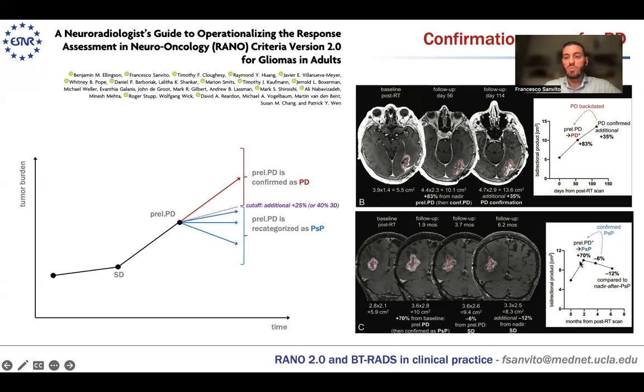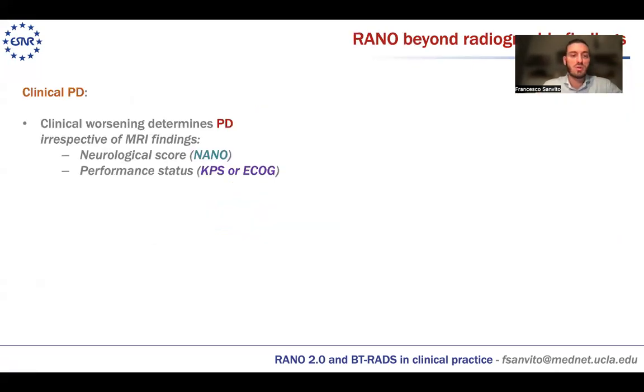Here, instead, we waited to obtain a confirmation and we did not obtain one. It's a pseudoprogression. It means that the patient stays on trial and stays on the experimental medication of the trial. So there's a difference in management only with the actual confirmed progression.